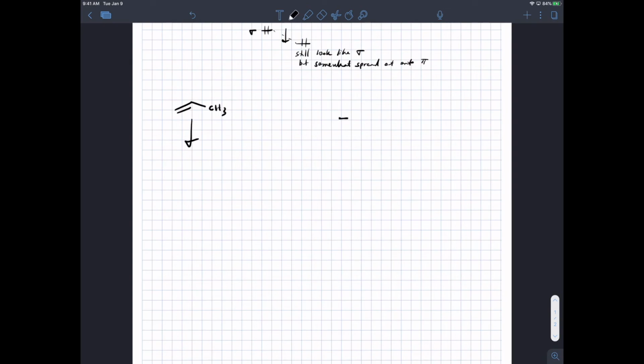If you wanted to make the pi-type orbitals and include the ability of the CH3 to participate, you're going to be mixing a p orbital on carbon 1 with a p orbital on carbon 2, and then mixing the corresponding pi CH3 on carbon 3. In effect, we're going to get exactly the same sort of thing that we got with the allyl cation. We can mix them all together in phase.